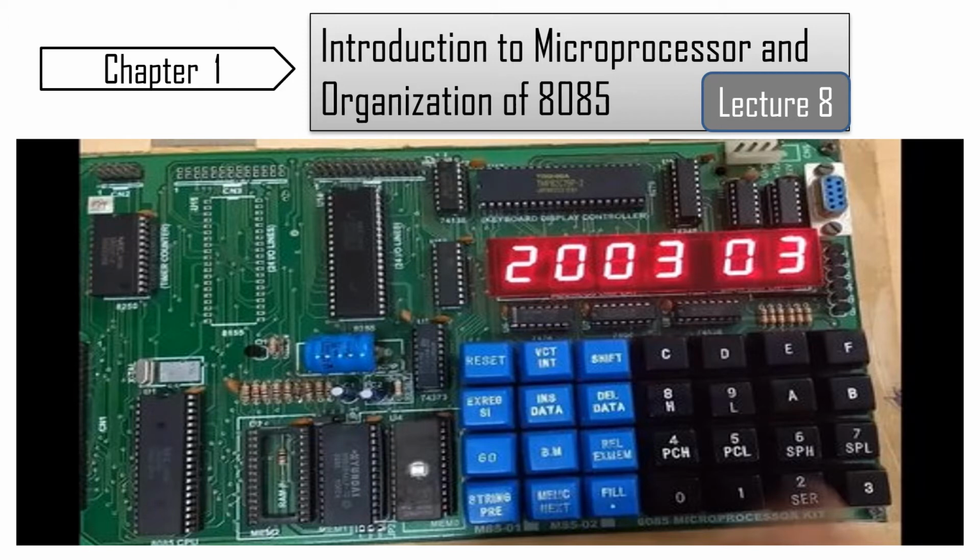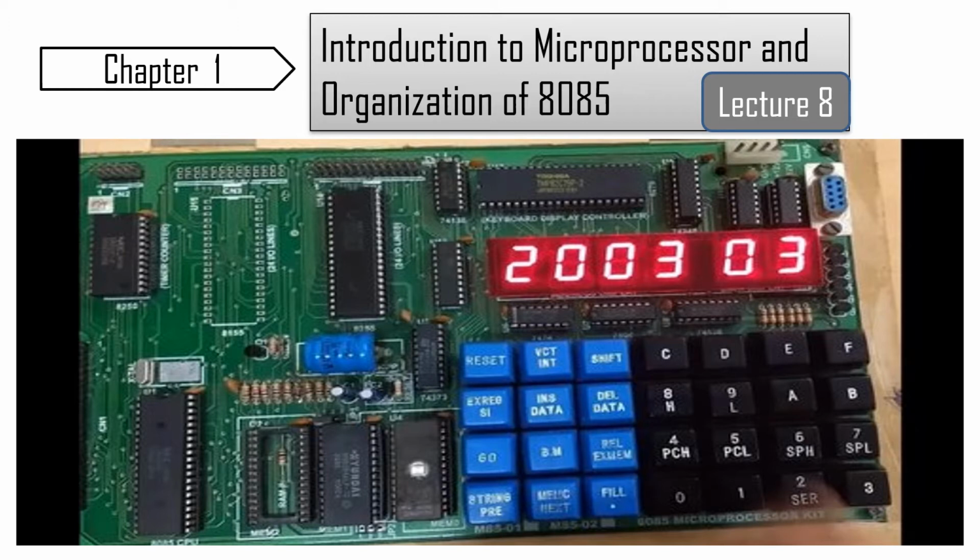So in the first lecture we have seen what is microprocessor, the function of microprocessor, and the evolution of microprocessor. Then in the second lecture we have seen the functional pin diagram of 8085. So we have seen all the pins in detail. In three lectures we have seen all the 40 pins in detail.